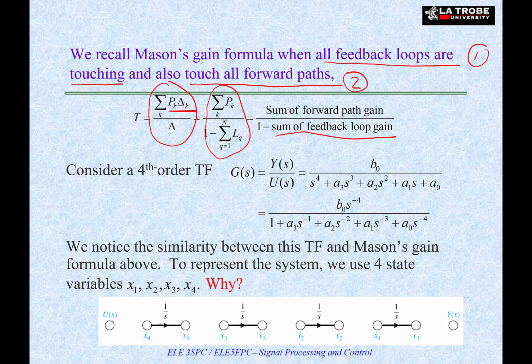Let's consider a fourth order transfer function given by this. If we divide the highest order term of s by both numerator and denominator, we get this.